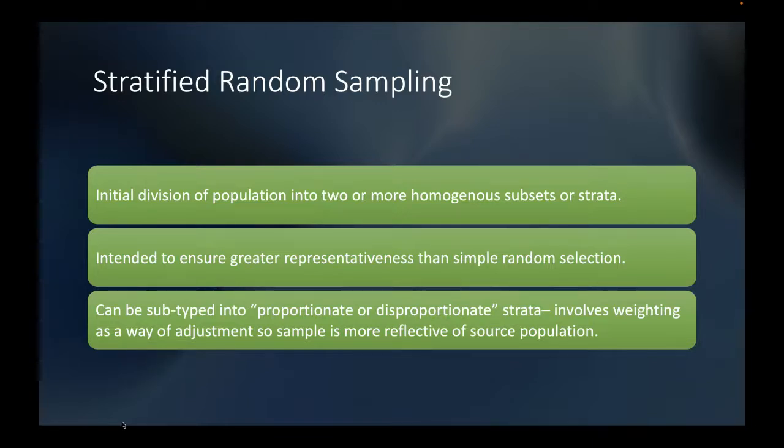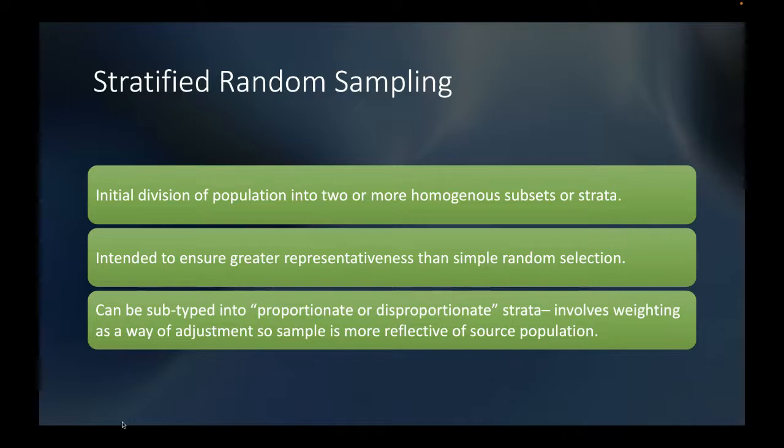So in this world of strata, there are two types. There's what they call proportionate strata and disproportionate strata. When we talk about proportionate strata, we are saying you have decided to categorize and split up the entity you're studying in proportion to the source population.